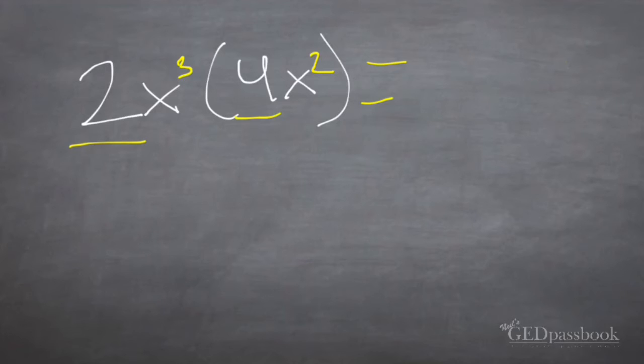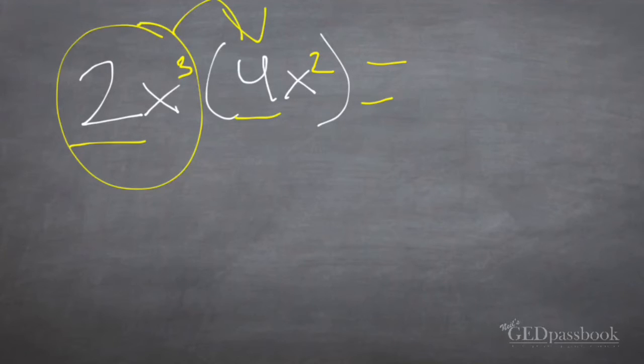It doesn't matter whether those are different. It doesn't care that this is an x and this happens to be a y squared. That's a 4y squared, by the way. It does not care.